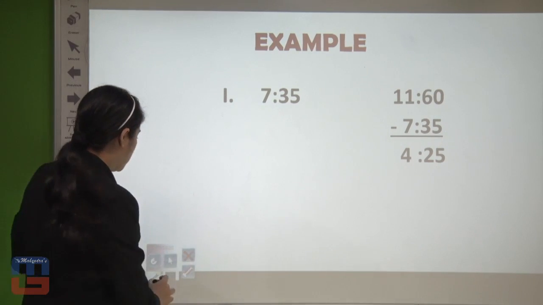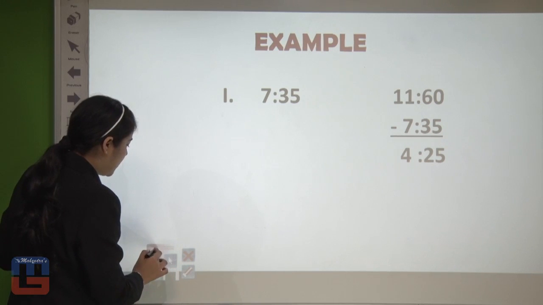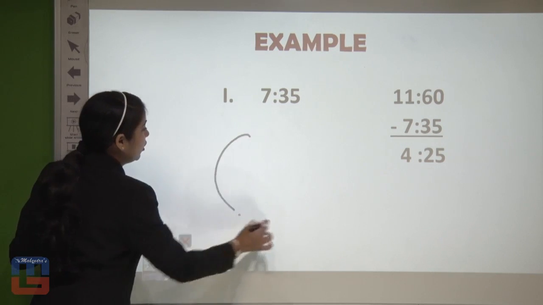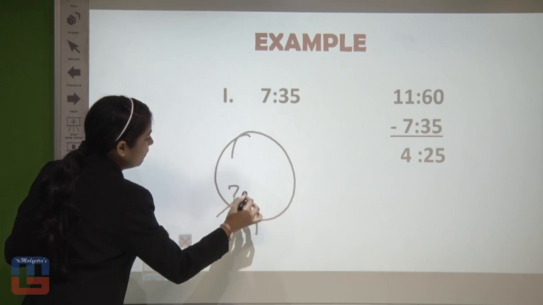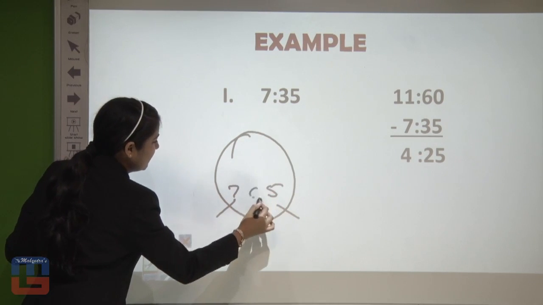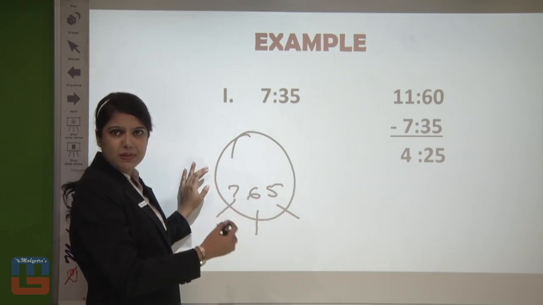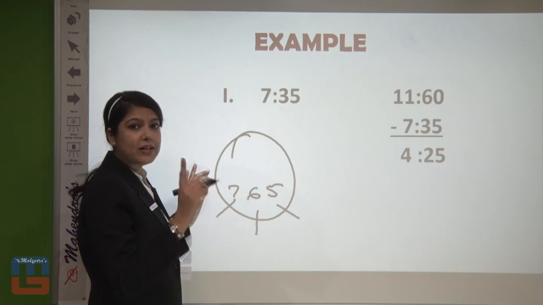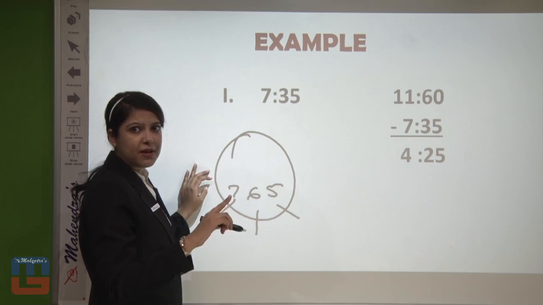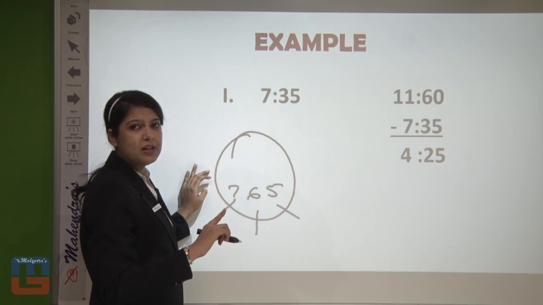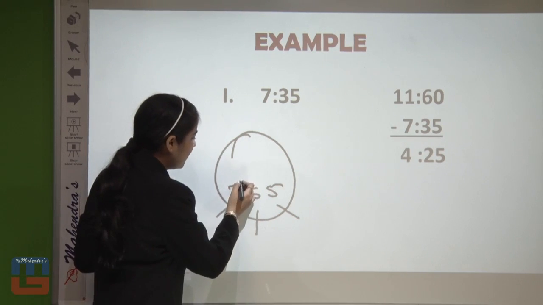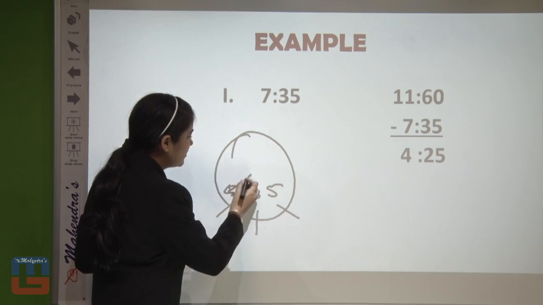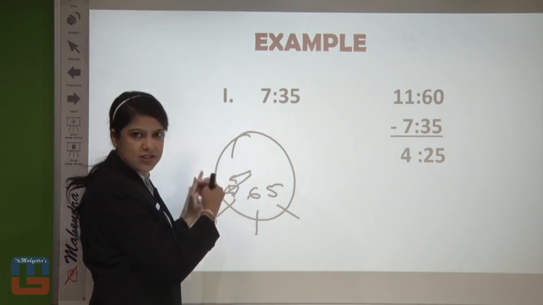Making a clock also makes it very clear. If we talk about it in a clock format, we look over here at 7, over here at 5, over here at 6. So this is something like a clock. I am not making a whole clock because we only require the time showing 7:35. When it is showing 7:35, it is around here, something like this.